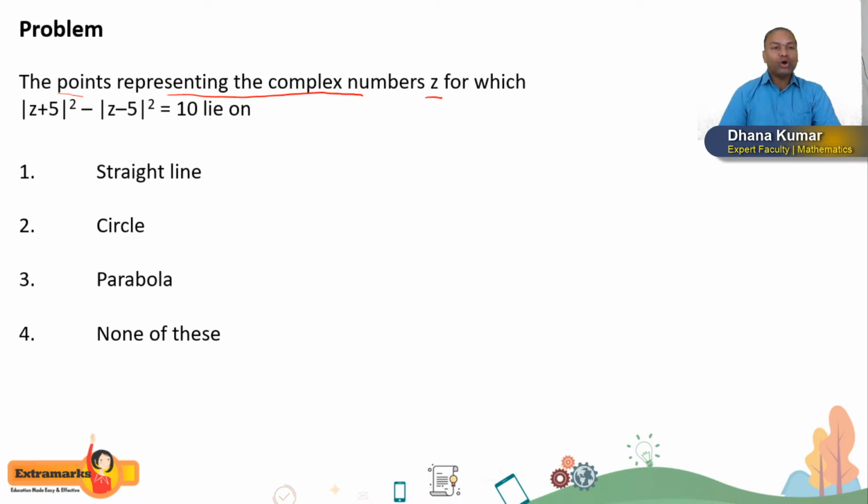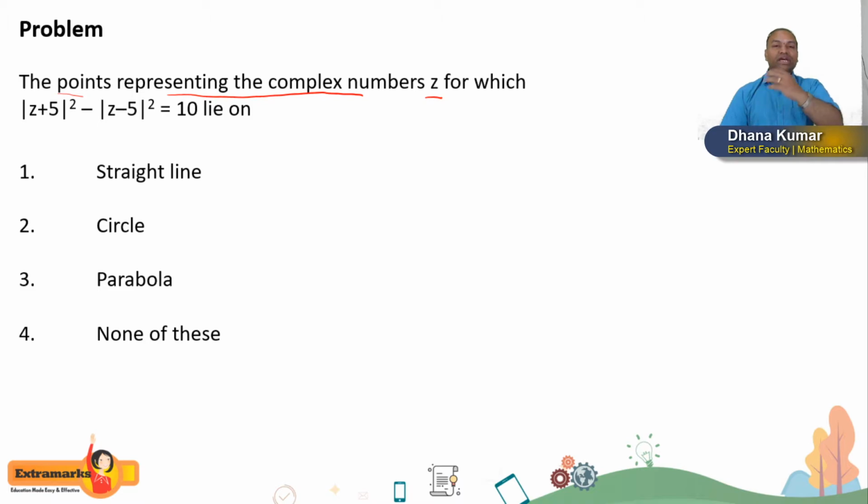Now how to identify this? First thing, a few formulas are there for circle and straight lines, or otherwise ellipse or hyperbola, in complex numbers. So using those formulas you have to identify whether the given curve is a circle or parabola or ellipse or hyperbola. That is one approach.